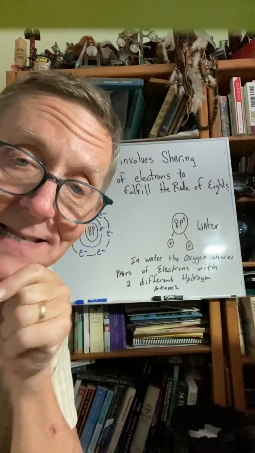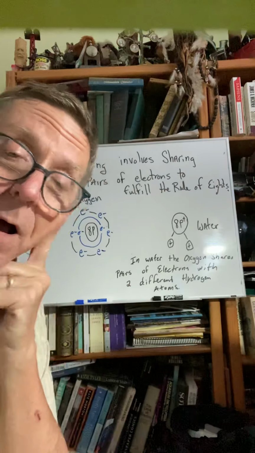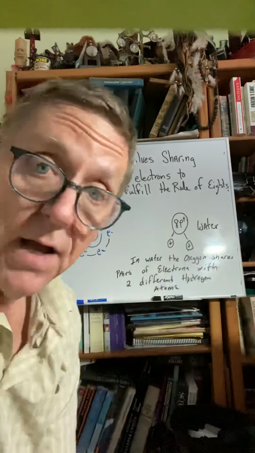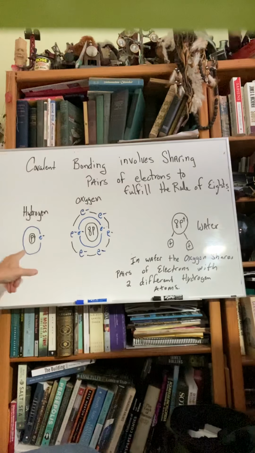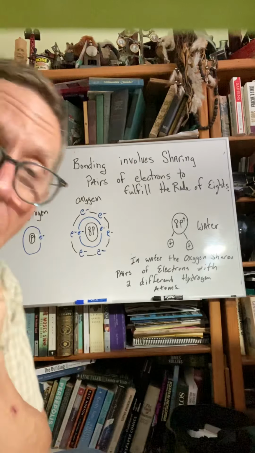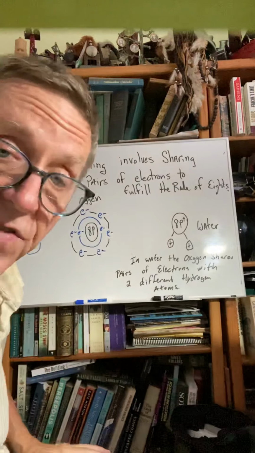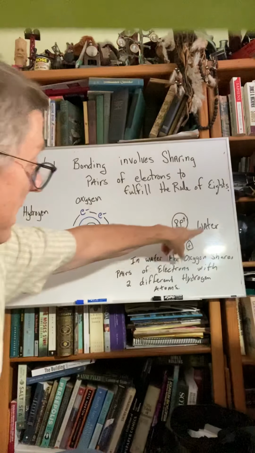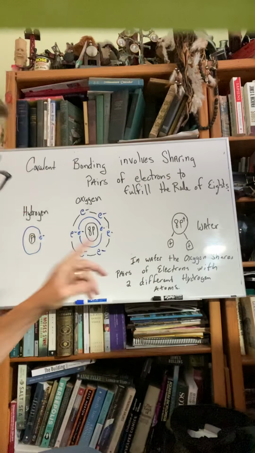So if we think about this water, or I'm giving it away, if we think about this oxygen and hydrogen scenario, what does happen is you have 2 hydrogens that each are going to share a pair of electrons with the oxygen. And so we had said this is the shape that a water molecule takes.